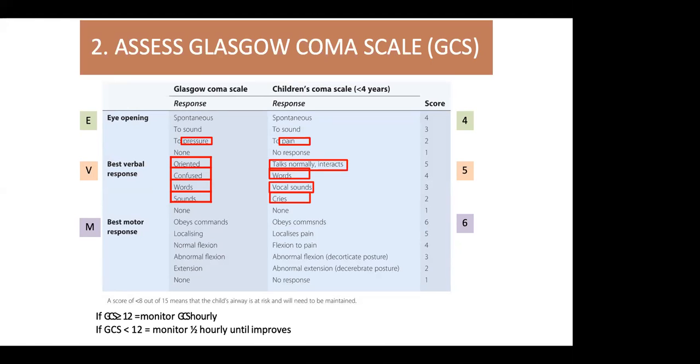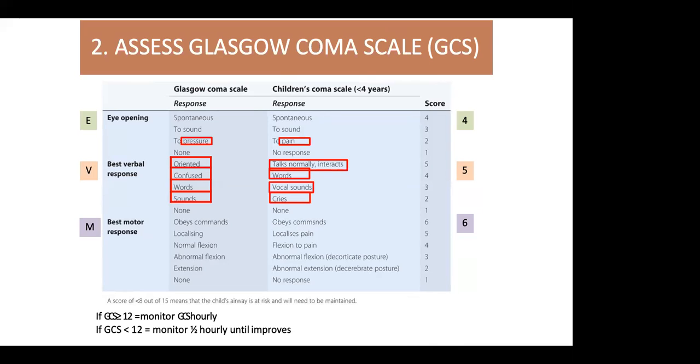Don't worry, I will show you the abnormal posture picture in the later slide. And lastly, if no response to motor, as usual, we give score 1. After assessing all these 3 components, we total up the score. Full score will be 15 out of 15.